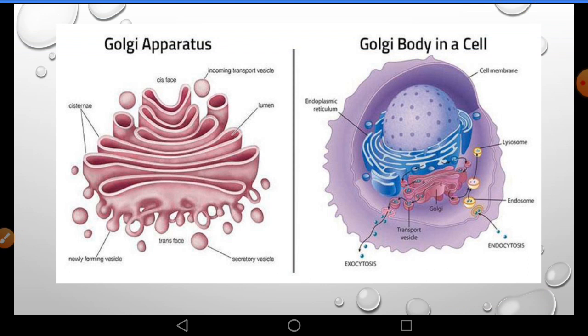In some cases, complex sugar may be made from simple sugar in the Golgi apparatus. The Golgi apparatus is also involved in the formation of lysosomes. So the functions of the Golgi apparatus are packaging and dispatching the synthesized material from the endoplasmic reticulum to various parts of the cell, and it is also involved in the formation of lysosomes.